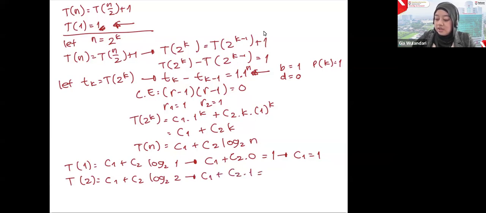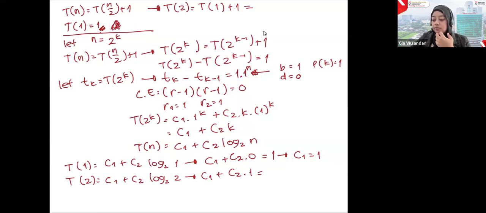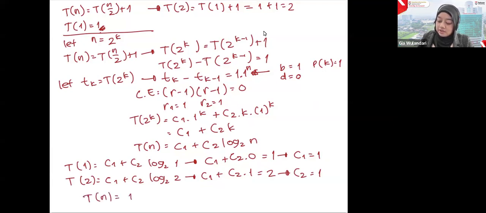And it must be equal to, from here, if we have T2, it will be T1 plus 1, where T1 is equal to 1 here, plus 1, so it is equal to 2. We will have it like this. And because C1 is equal to 1, then C2 will equal 1 as well. So we have Tn is equal to 1 plus log 2n, like this.